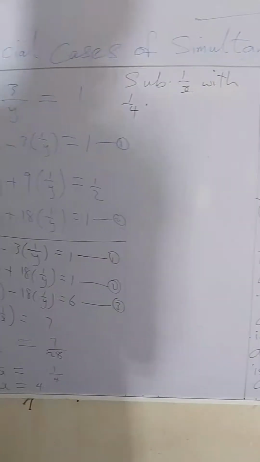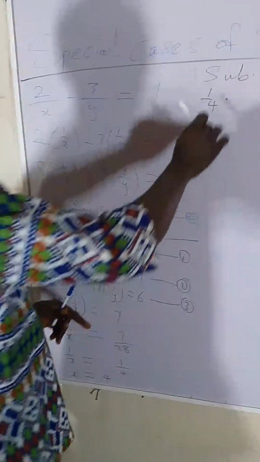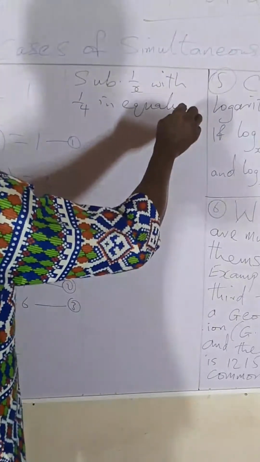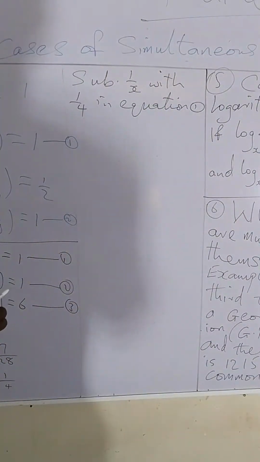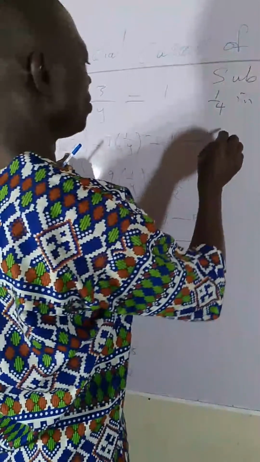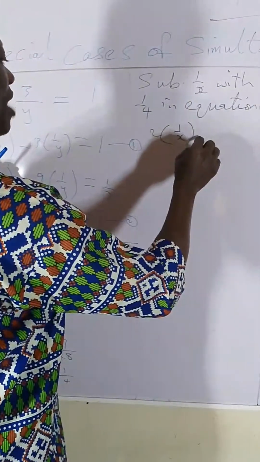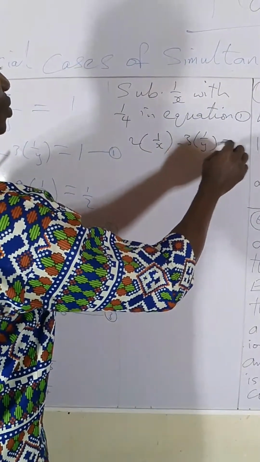That means anywhere we see 1 over x, we put 1 over 4 there. In equation 1, when we do that, equation 1 is saying 2 into 1 over x minus 3 into 1 over y is equal to 1.